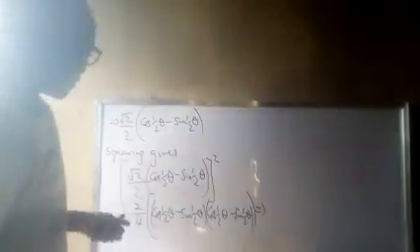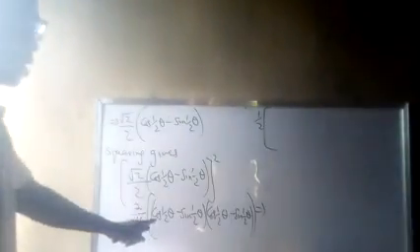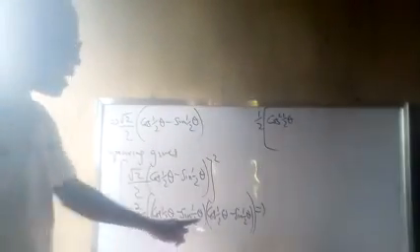Okay. Now this one will give us 1 over 2, cos half theta times cos half theta, that is cos square half theta. Then cos half theta times minus sine half theta, that's minus sine half theta cos half theta.